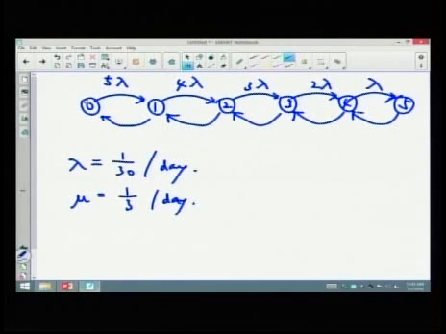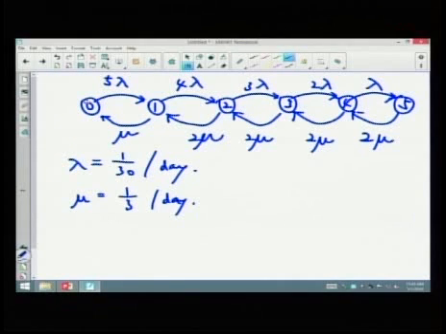Down here, 2 mu, 2 mu, 2 mu, 2 mu, and 1 mu, because there are only 2 repair facilities available. Very easy, right?